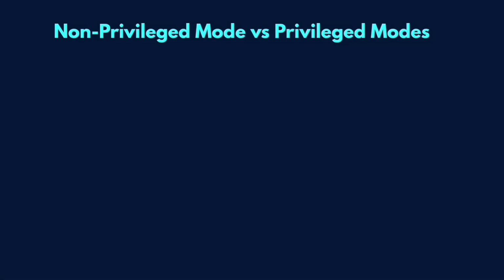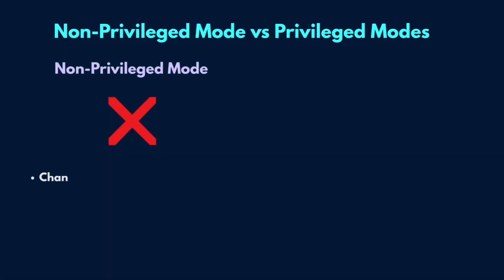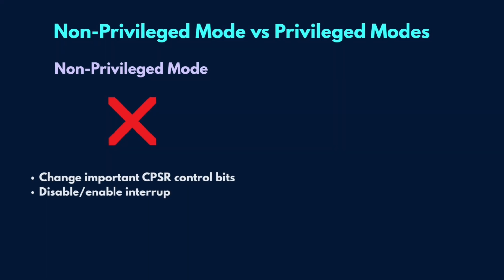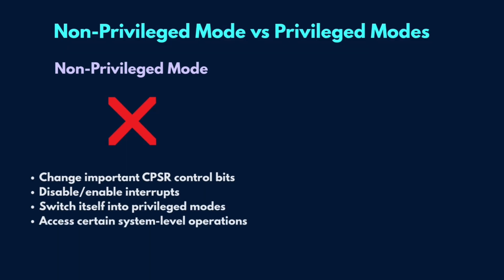If you compare non-privileged and privileged modes, non-privileged mode cannot directly change important CPSR control bits, disable or enable interrupts, switch itself into privileged modes, or access certain system level operations. But the privileged modes have higher control over the processor.